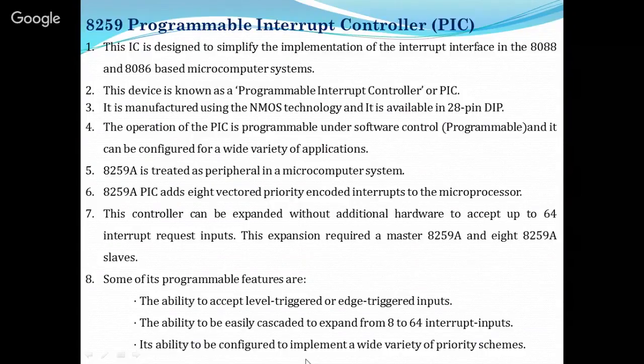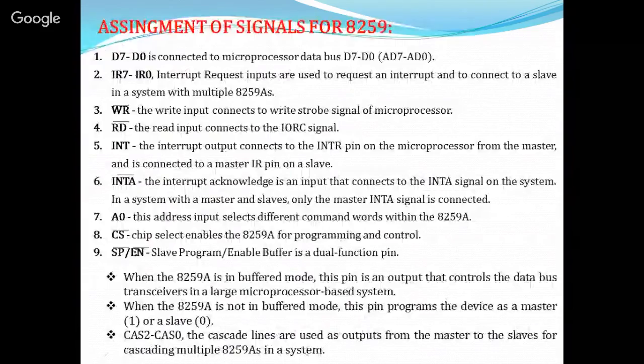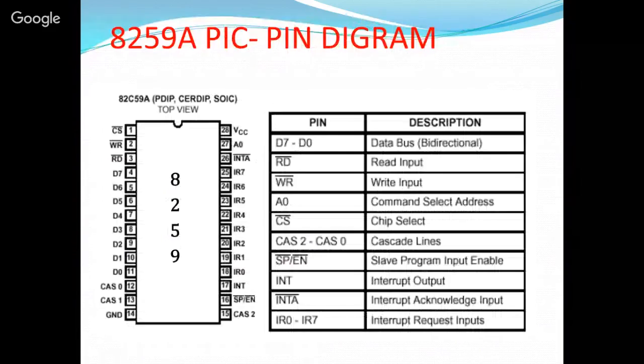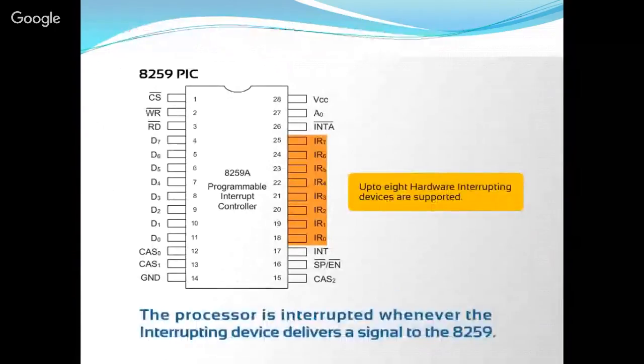This expansion requires a master 8259 and 8 slave 8259s. That is the IC diagram of 8259, and these are the interrupt requests, IR0 to IR7, which handle up to 64 levels of interrupts.